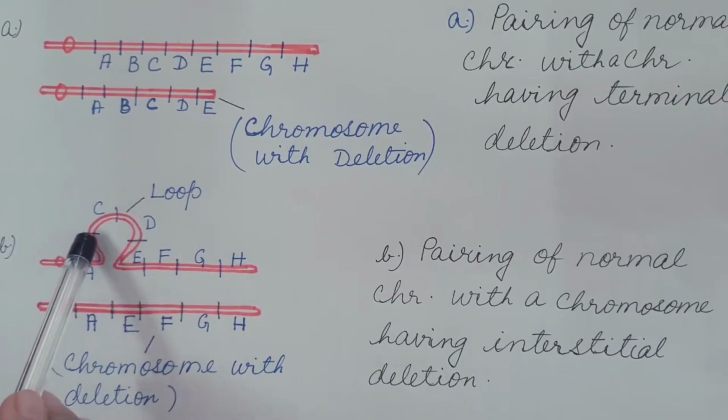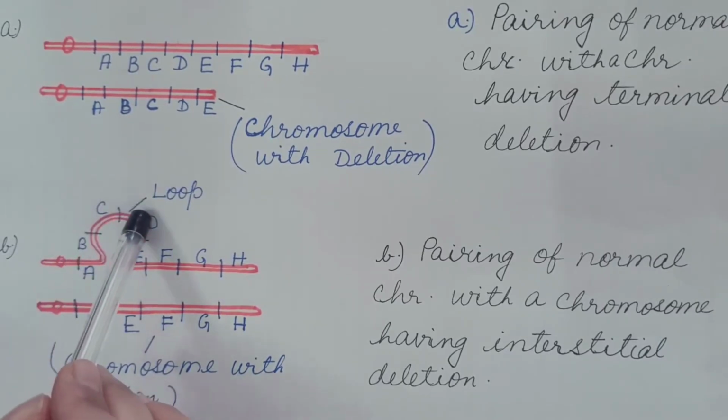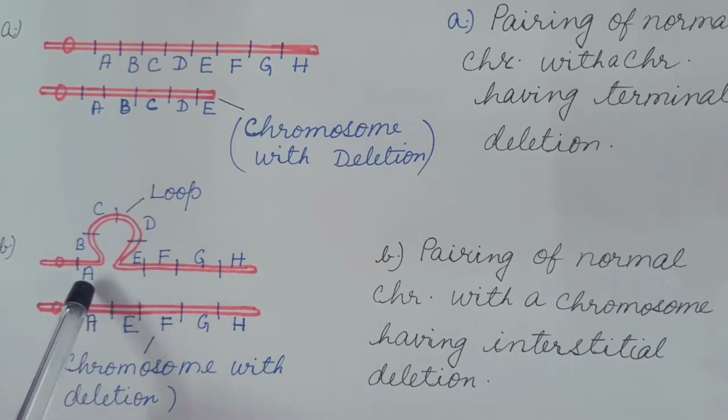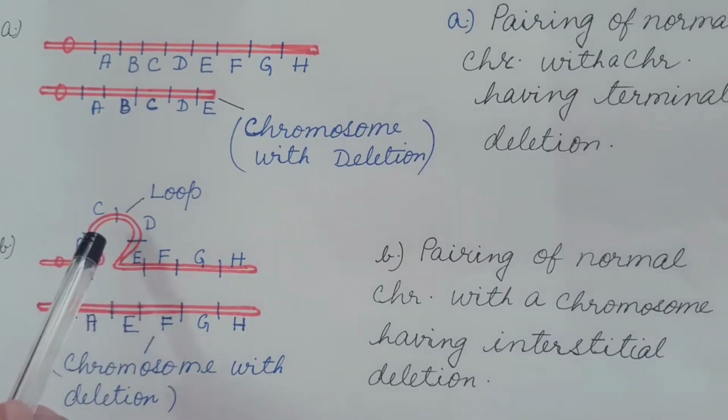But in the normal chromosome, the B, C, D region does not have its counterpart in the homologue in which it is deleted. Hence it remains unpaired and loops out during the pairing of the homologous chromosomes.